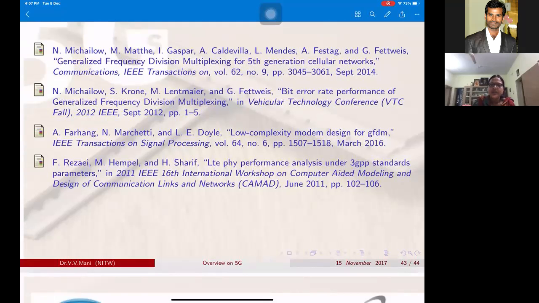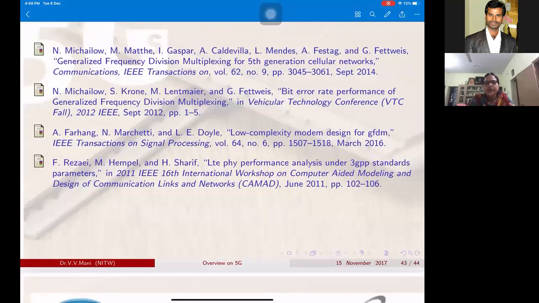In comparison with FBMC, GFDM gives more, because here the cyclic prefix is added only one time, so we are saving bandwidth, and it also gives better performance than the other one. The only thing is the complexity is increased, because we have to modulate the data with the prototype filter.